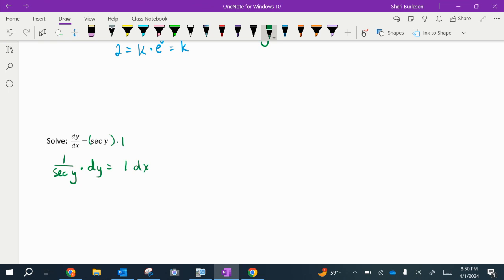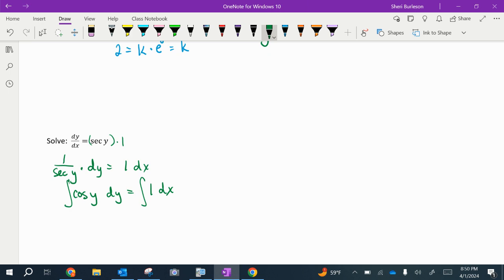Now, 1 over secant y is not fun, but secant y is a reciprocal function, so 1 over secant y is actually just cosine y dy, and here I have 1 dx. So now I can integrate that.